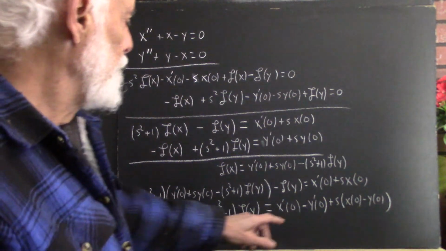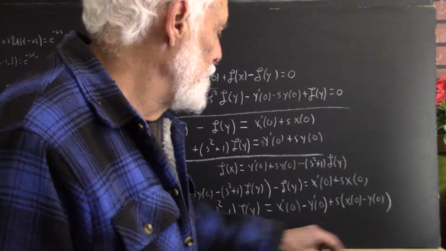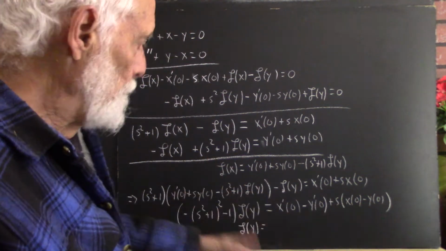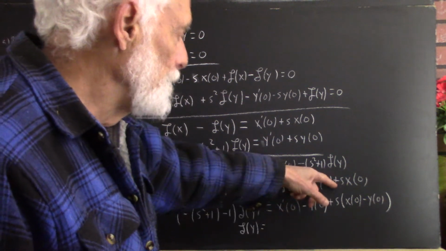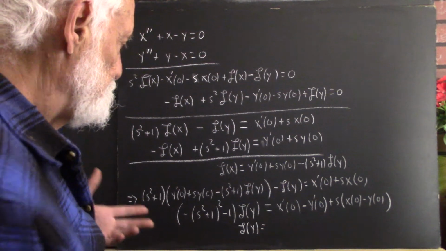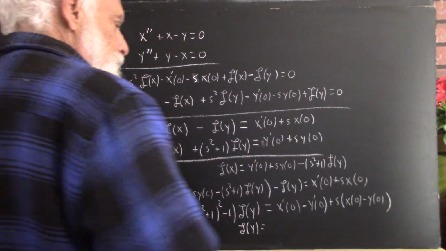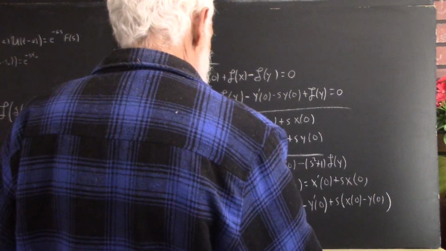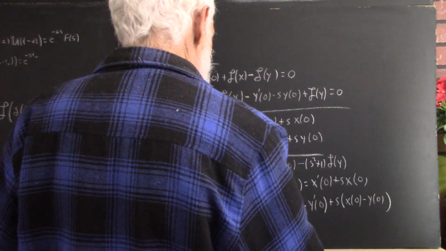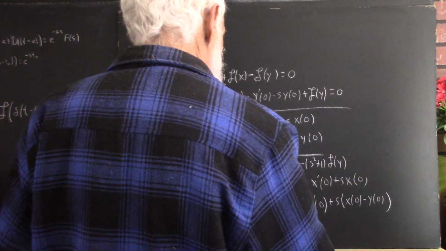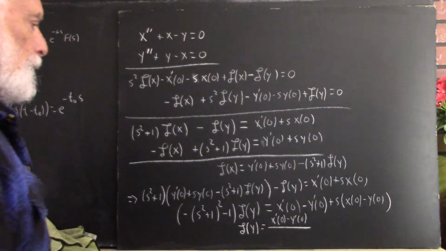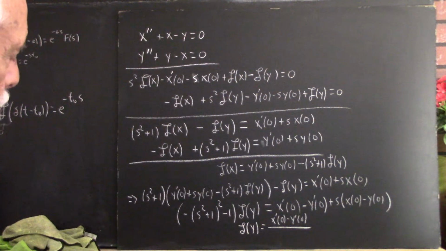now the reason I group these two and these two is because you're going to have two different types of functions of s. So you'll see. Okay, so you got x prime of 0 minus y prime of 0.